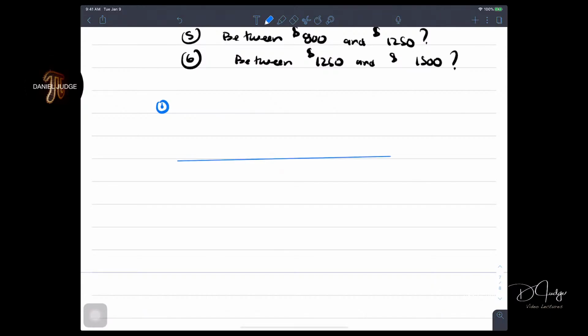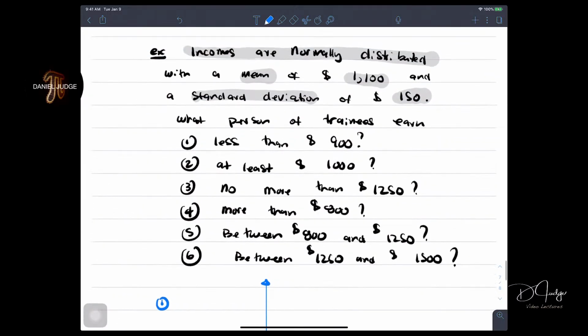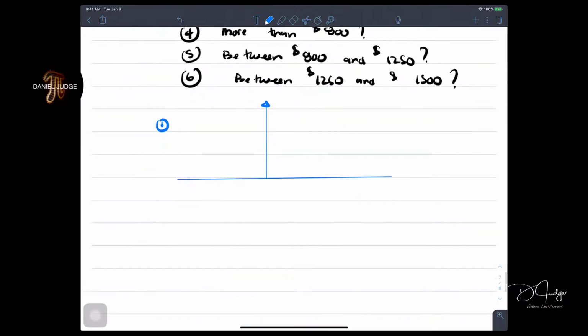Right? So in the center here, we got this real number line. The center is the mean, which in this example is $1,100. So mu is 1,100. Standard deviation is 150. So in the center, we have 1,100 here. And let me draw a nicer bell.